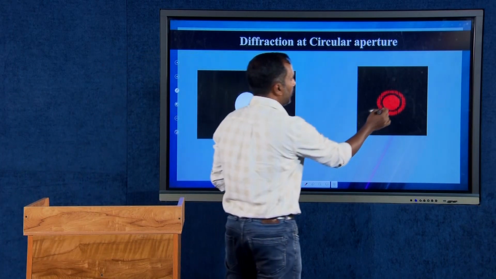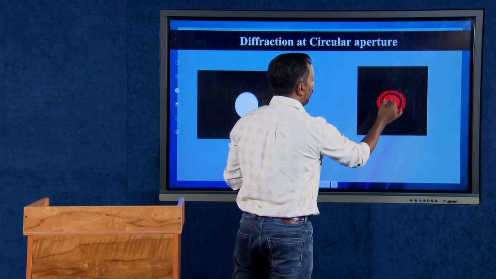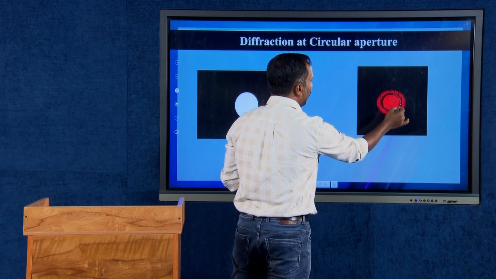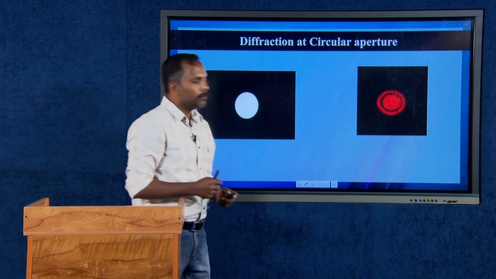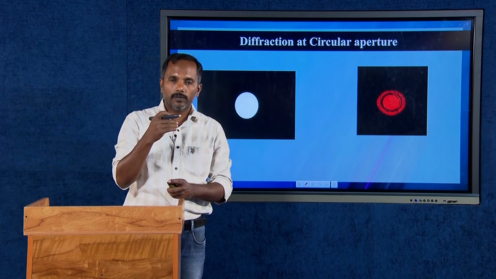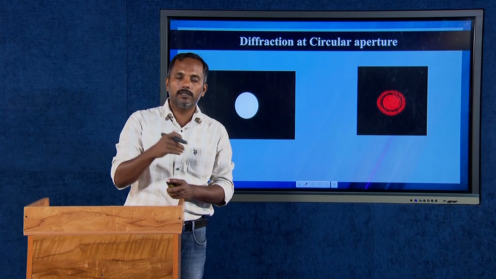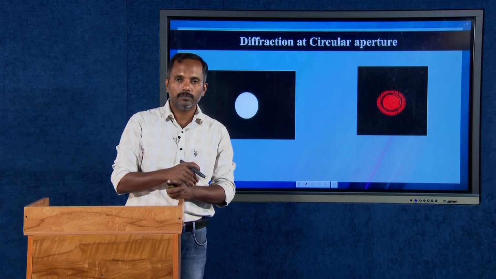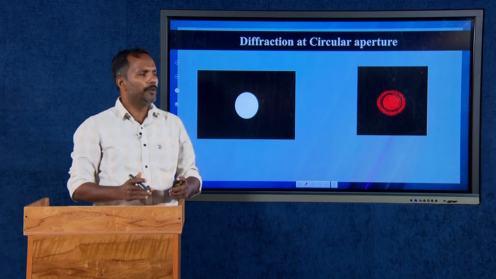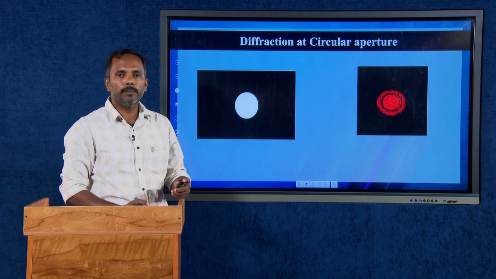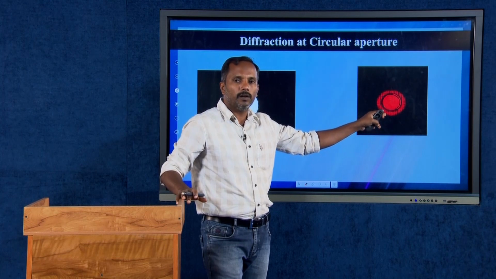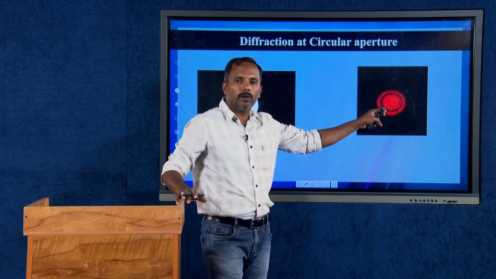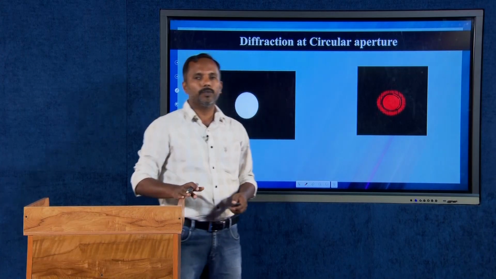At the center you can find a maxima, then after that maxima you can find a minima here, then we can find another maxima with diminishing intensity, and so on. These diminishing maximas with smaller intensity are called the secondary maxima here.